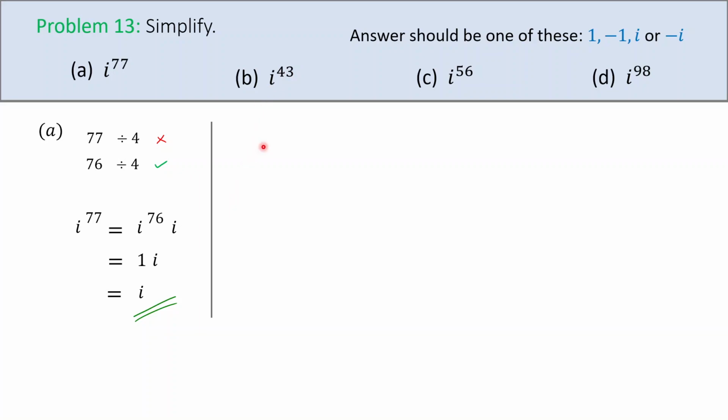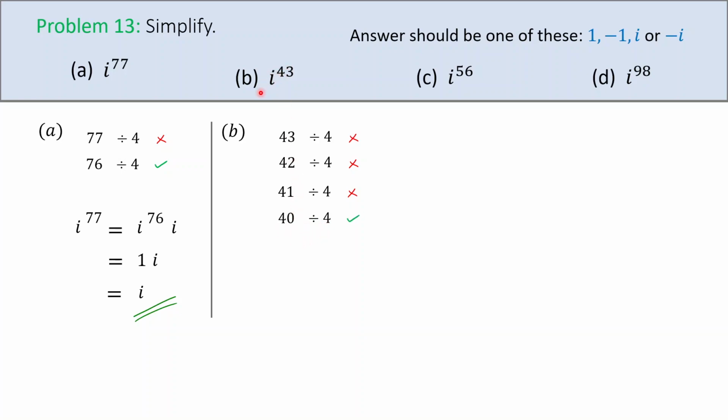Now for this i to the 43, take this number and check whether you can divide by 4. You cannot divide 43 by 4. Now take 42. You cannot divide by 4. Now take 41. You cannot divide by 4. Now take 40. 40 you can divide by 4.